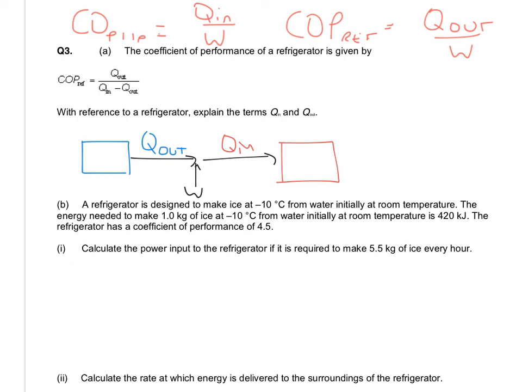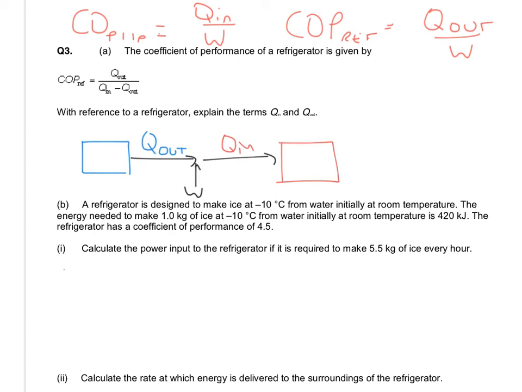So a refrigerator is designed to make ice at minus 10 degrees from water initially at room temperature. The energy needed to melt a kilogram of ice at minus 10 degrees is 420 kilojoules, and it has a coefficient of performance of 4.5. Calculate the power input to the refrigerator if it is required to make 5.5 kilograms of ice every hour.